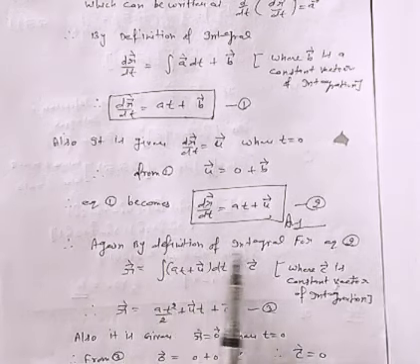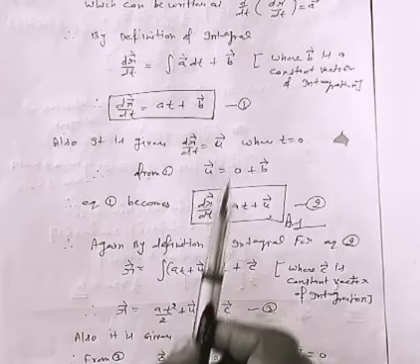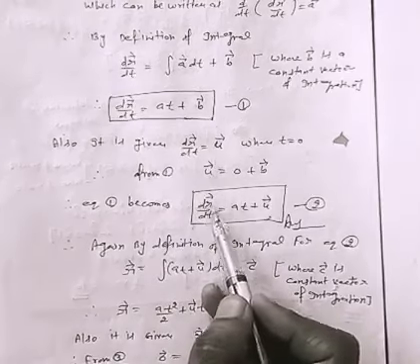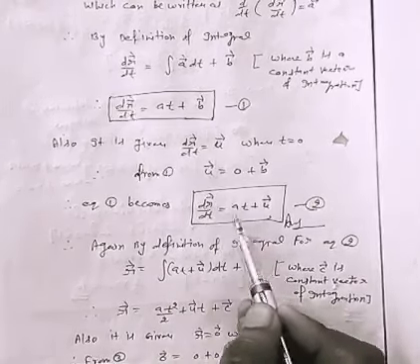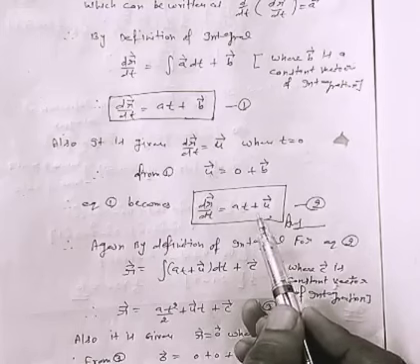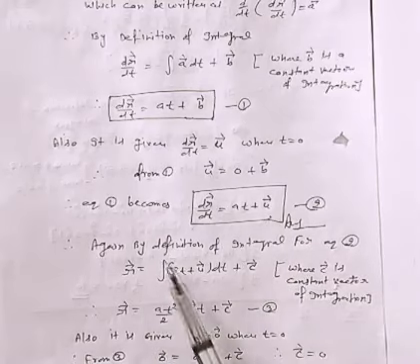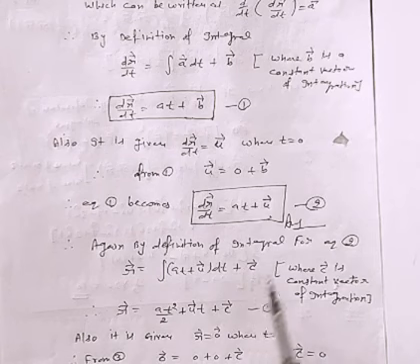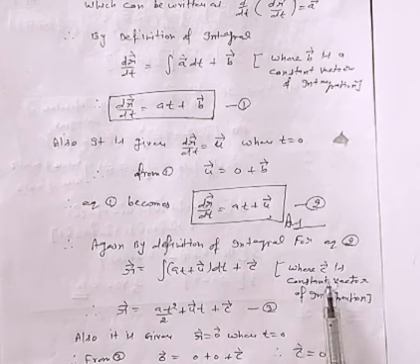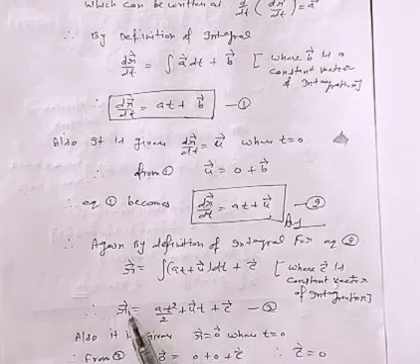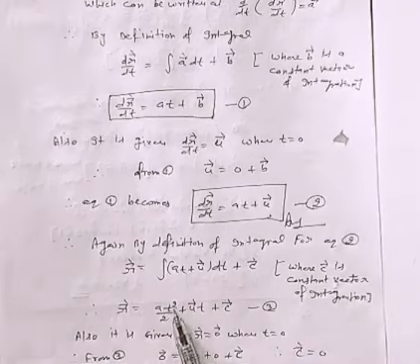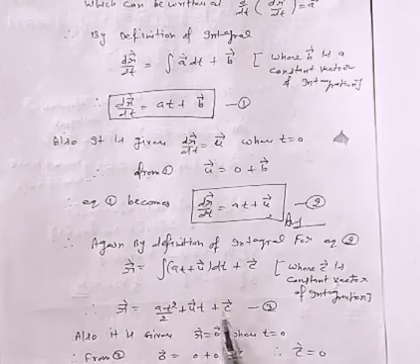Again, applying the definition of integral for equation number 2, that r vector is treated as capital F vector and that term is treated as small f vector. So then we have F vector is equal to the integral of f dt plus a constant vector c, where c is a constant vector of integration. So r vector is equal to a times the integration of t, t square by 2, plus ut plus c.